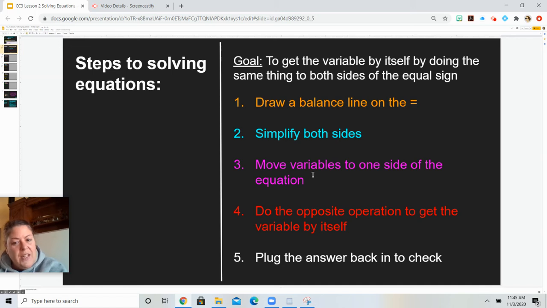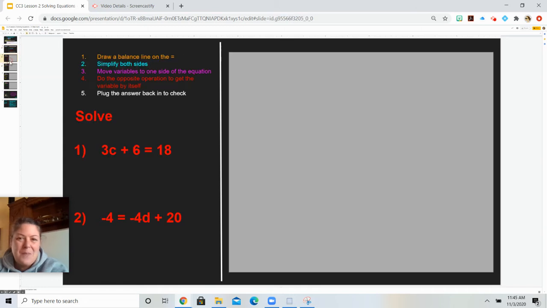And then it's always a good idea to plug that answer back in to check your work and make sure you did the problem correctly. So pause the video, write those 5 steps down, and when you are ready, go ahead and hit play and we will do our examples.